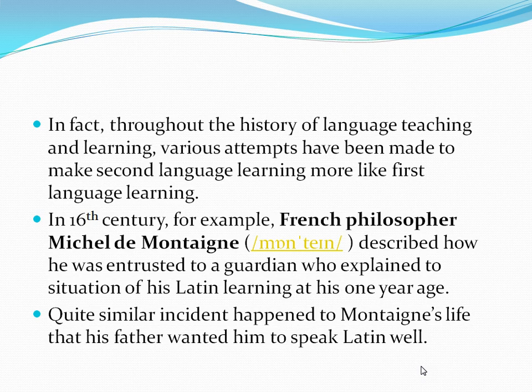So what is the contribution of Montaigne? Montaigne said that language learning shouldn't be so strict, severe and intimidating. Language learning should be natural. So, quoting a history of a guardian's intentions, quite a similar incident happened in Montaigne's life, and his father wanted him to speak Latin well.